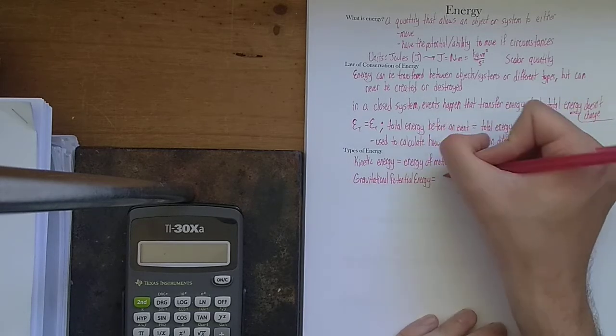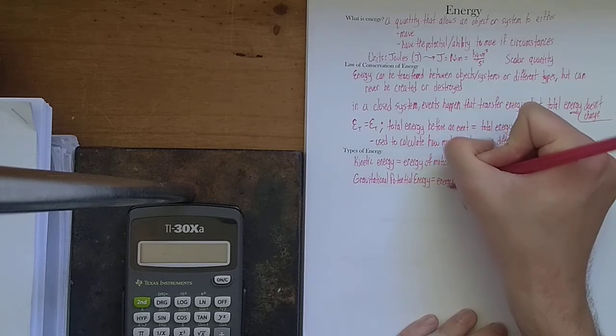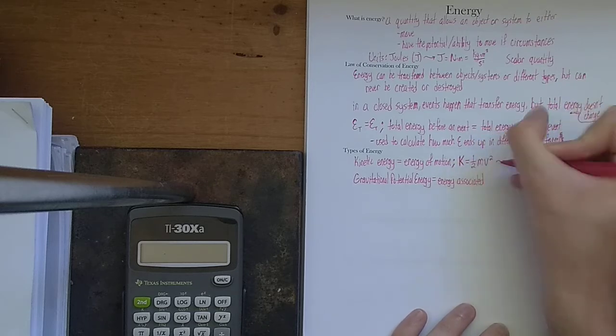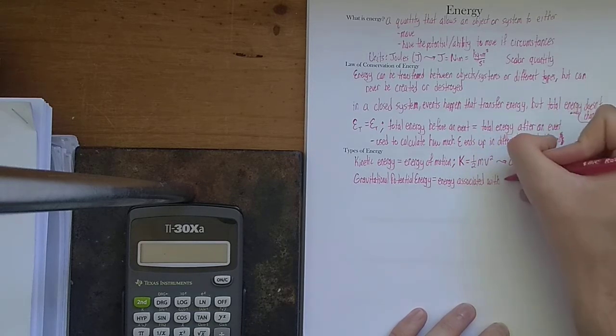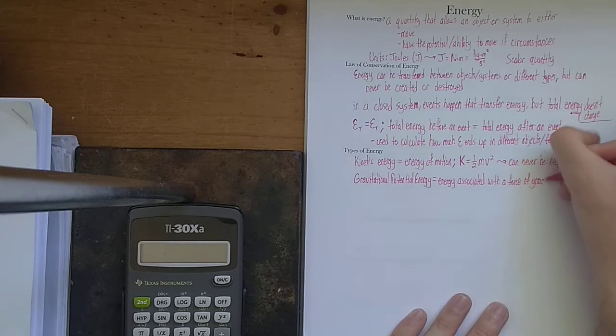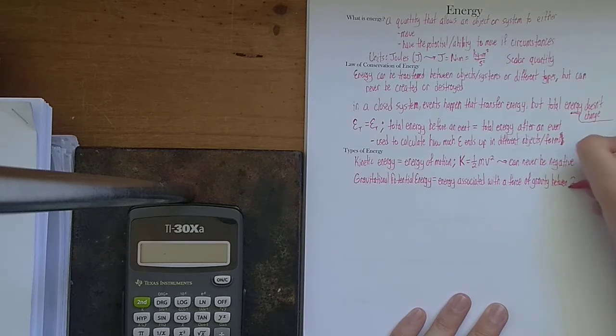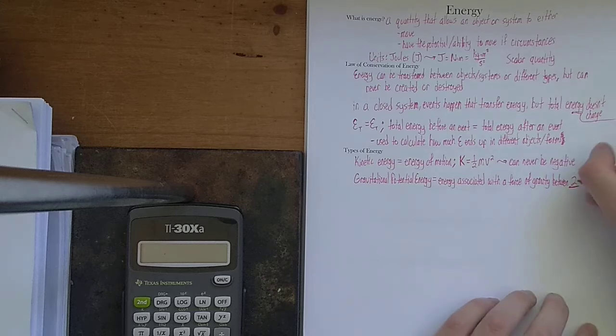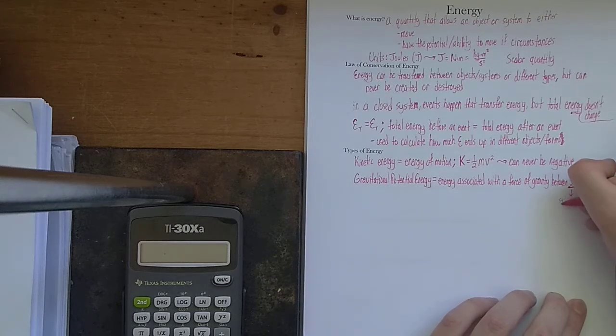Gravitational potential energy is energy that is associated with a force of gravity between two objects. It's important to remember that gravitational potential energy does not exist unless you have a system with two objects in it. So I'm just going to make a little note about that.